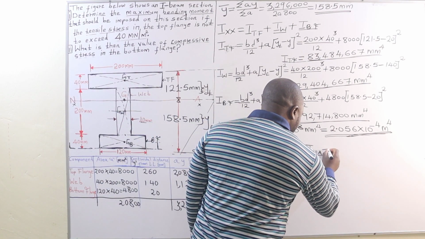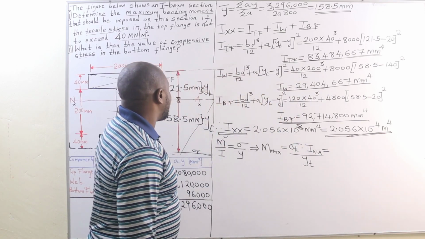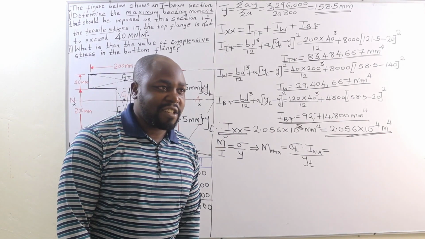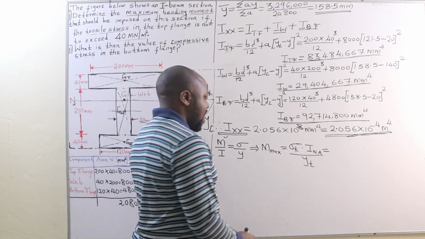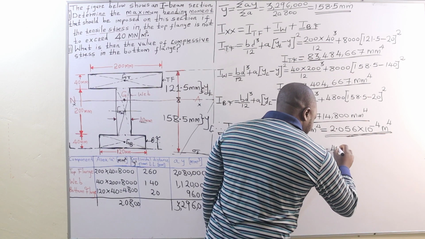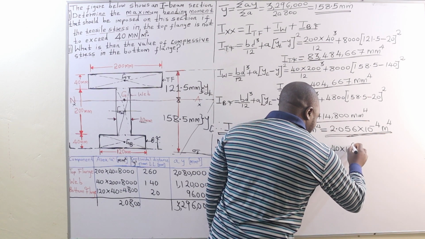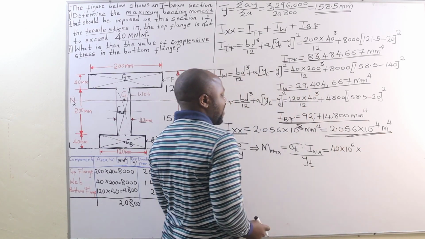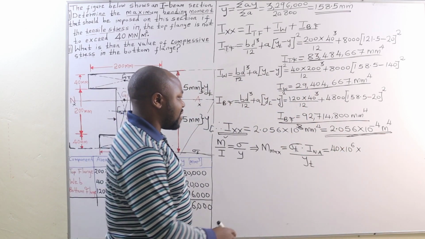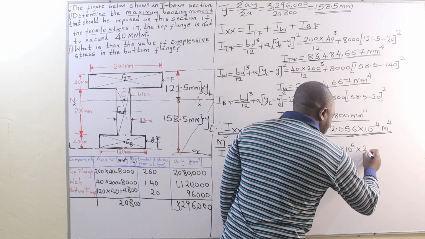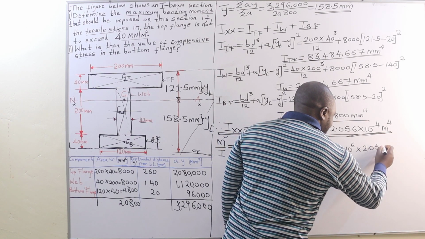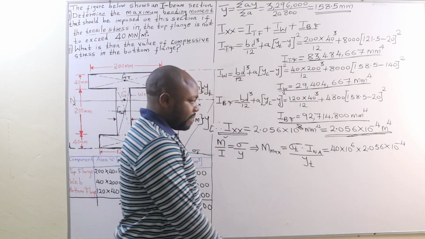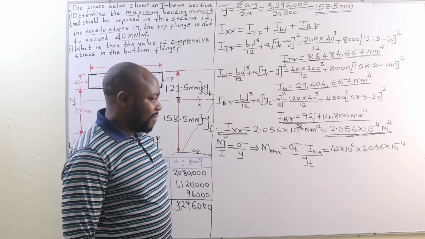Therefore, the tensile stress is 40 meganewtons per square millimeter. We convert that to newtons per square meter, and that is going to be 40 times 10 raised to the power of 6, multiplied by the moment of inertia about the neutral axis, which is 2.056 times 10 raised to the power of -4 meters raised to 4.